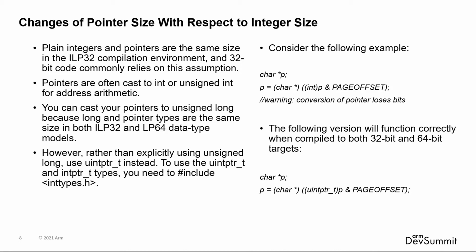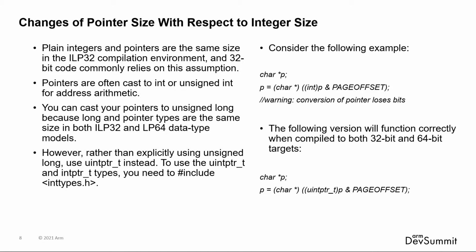Consider the example shown. We have a pointer to a character, p, and p is equal to the cast of character pointer, integer p, and page offset. Now, the compiler may give you a warning saying that conversion of pointer loses bits because you're converting a pointer to an integer, which is smaller when you're in the 64-bit model.